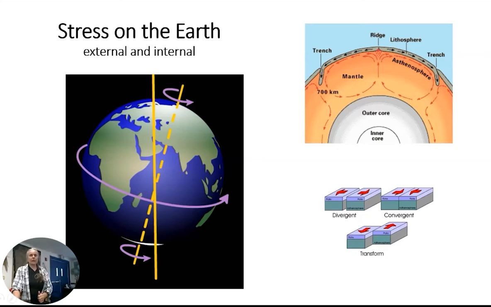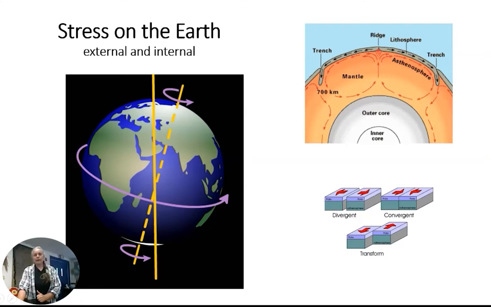And so let's take a look why we are alive. Now remember, we have stress on the Earth. That's what causes earthquakes. We have external problems, and we have internal stresses that cause earthquakes. The external one is just by our Earth rotating around and revolving around the sun, that causes different stresses. Now, if you look at this picture right here of the Earth, you notice this is the equator.